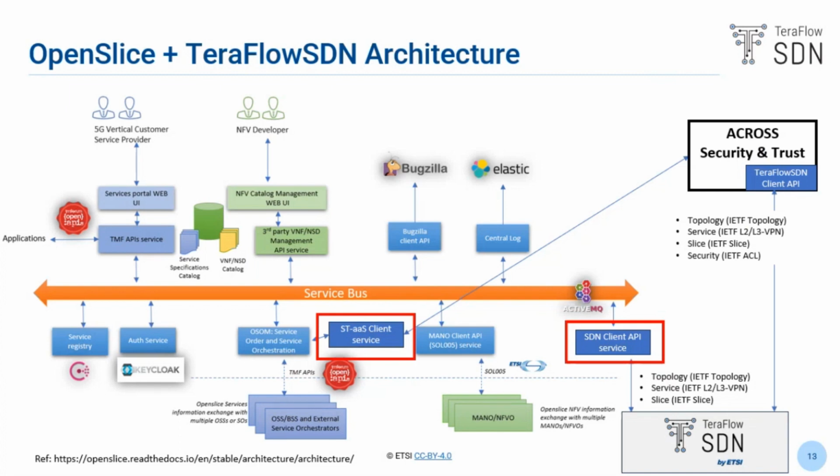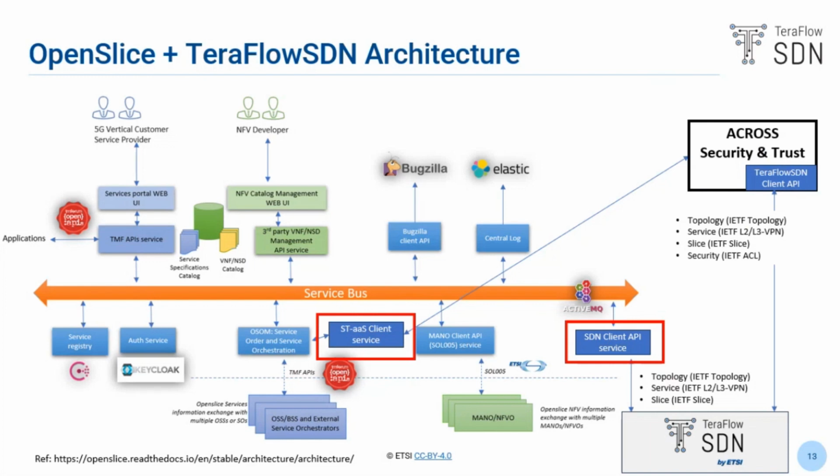Besides, as I was mentioning before, in Acros we are also focused on security and trust. We will have a component named security and trust as a service, which will be running as a common service, as I was mentioning. But this specific block will also be instantiable at the level of the orchestrator, or as a sidecar, let's say, for the orchestrators, both the cross-domain and the multi-domain orchestrators.